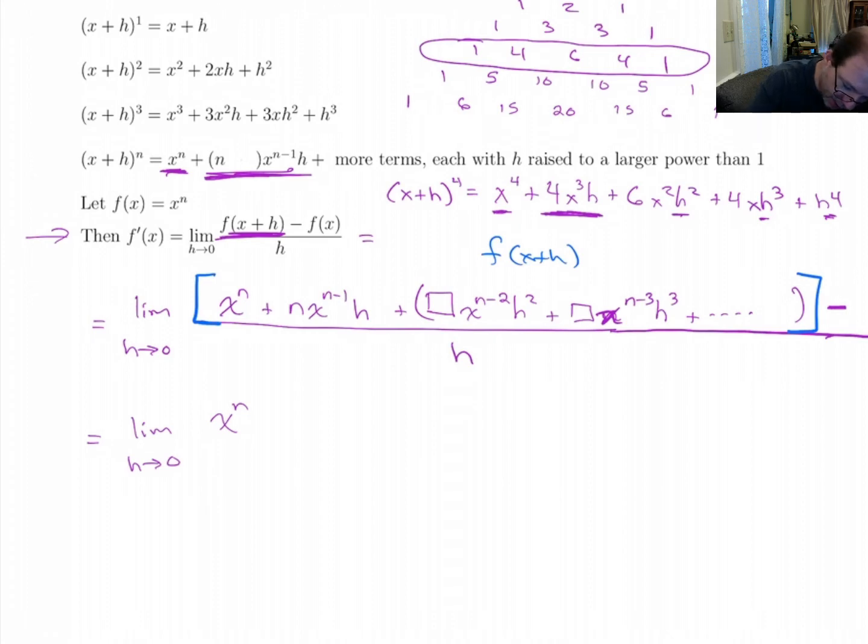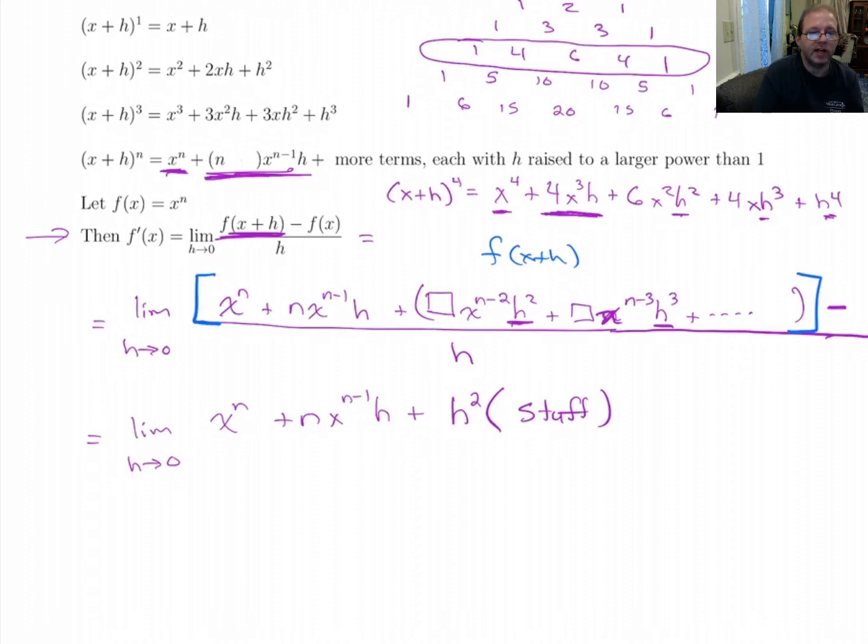So what I wind up with down here is x to the n plus nx to the n minus 1 times h plus, now out of here I'm going to factor out my h squared. So it's going to be h squared times some stuff. I don't even really care what that stuff is. It's just h squared times some stuff.